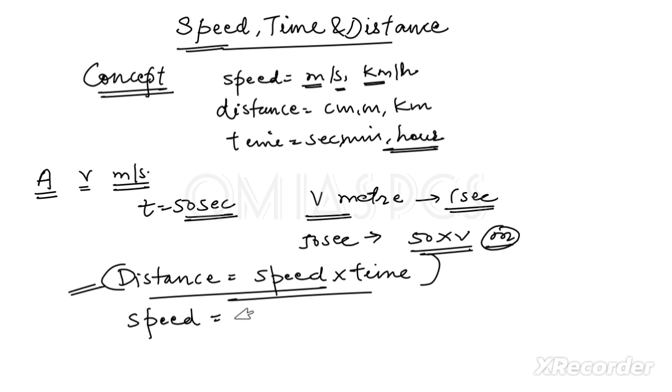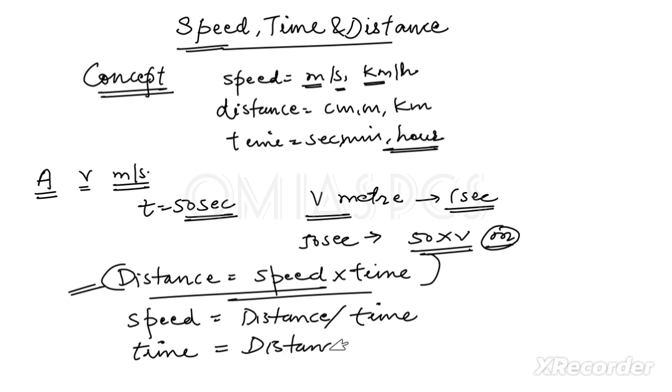Speed is equal to distance divided by time. If somebody asks what is the formula of time, time is equal to distance upon speed. From this formula we can get these two formulas. Is it clear? Okay, so this is the basic relation between speed, time and distance.